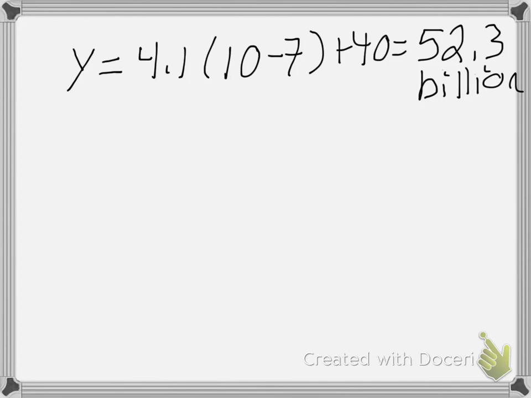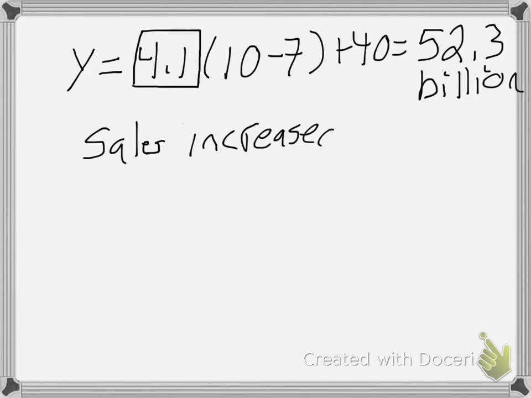Okay, what is the slope of the model? All right, guys, the slope's easy. You figured it out, right? It is 4.1. Okay. What does that mean in the context of the situation? All right, answer that question. Hopefully, you said sales increased by 4.1 billion each year.